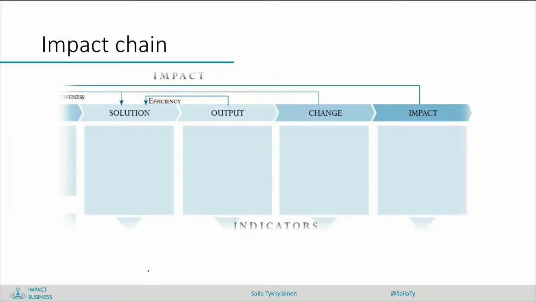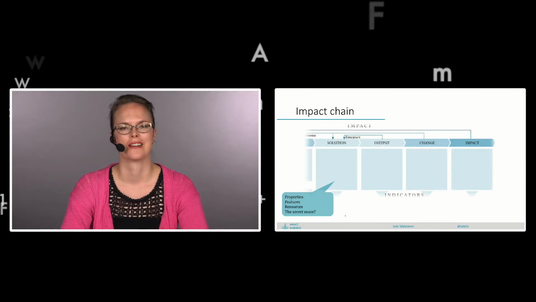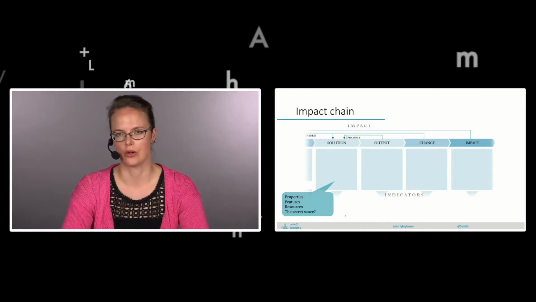And let's move on with the impact model. Those of you who are familiar with the impact chain, the so-called input, output, outcome, impact model, it's pretty common. You will see commonalities here. Only I have replaced the input with solution, because I really think that organizations should be more careful and more, let's say, profound when they are describing their solution.